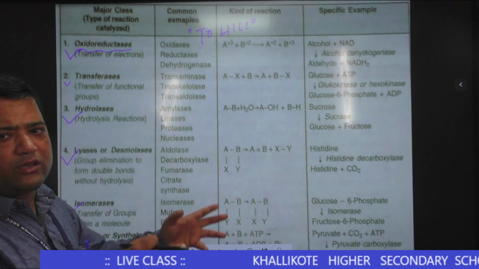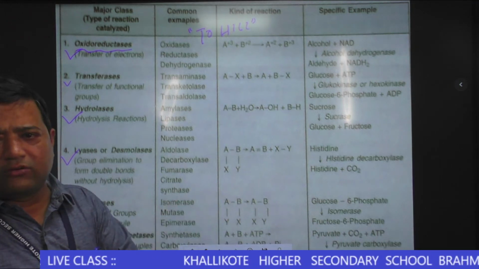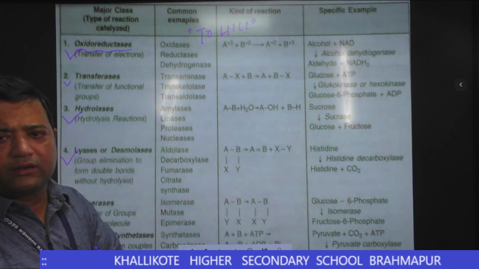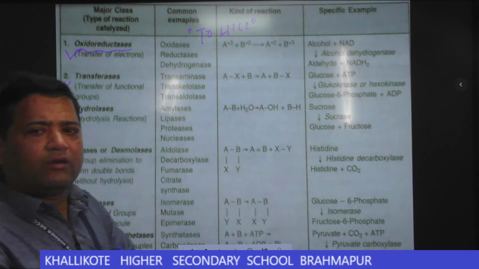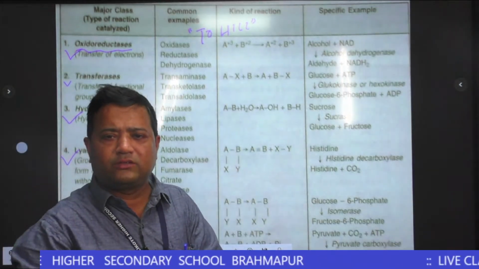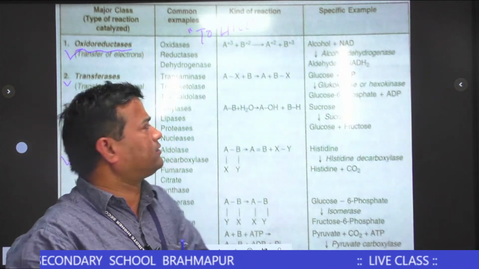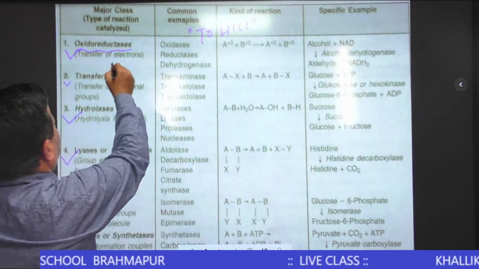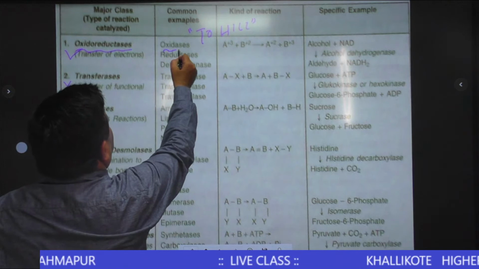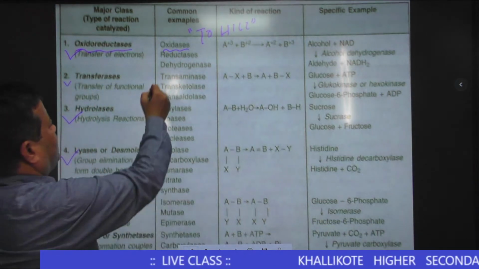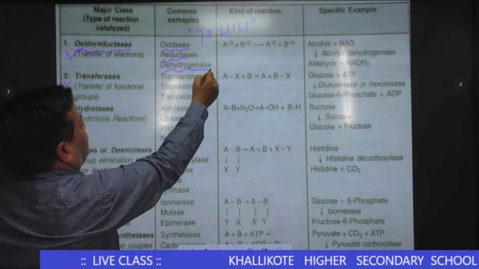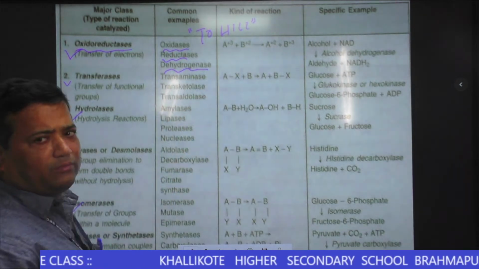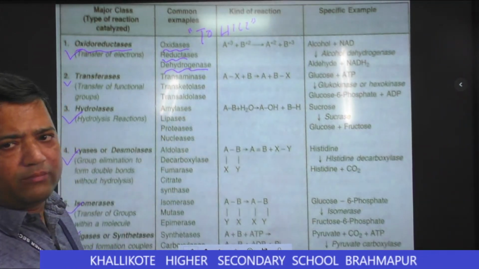Oxidation means loss of electron, loss of hydrogen. Reduction means addition of electron, addition of hydrogen. Different types of oxidoreductase enzyme are oxidase, reductase, and dehydrogenase, where D means removal of hydrogen atom.